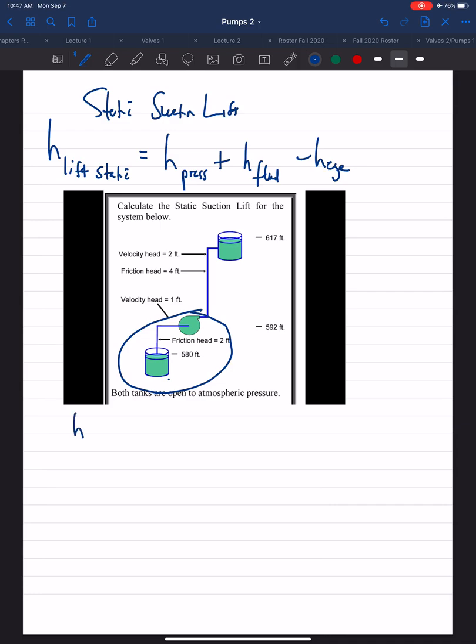So once again, our H lift static, our static suction lift, is H pressure plus H fluid minus HI. So our H pressure, we said both tanks are open to atmospheric pressure, so atmospheric pressure is 33.9 feet.